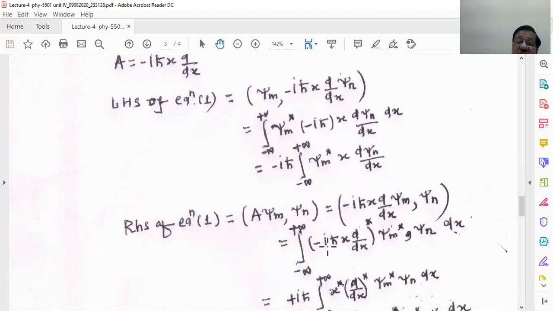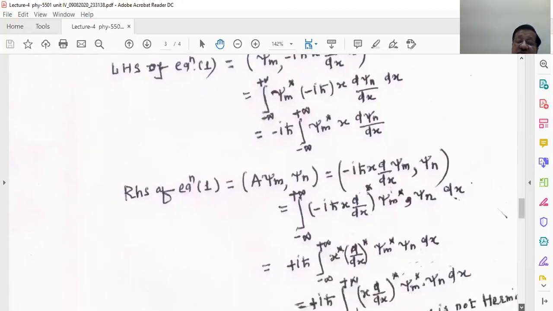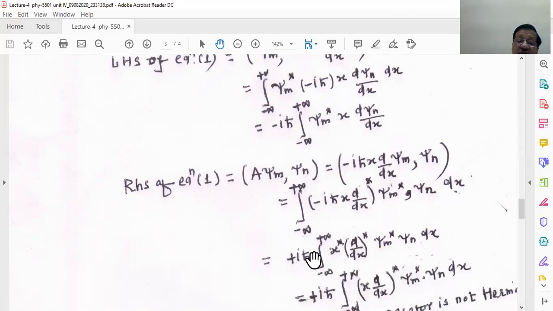Now you see this minus sign: minus i, the complex conjugate of minus i is plus i, so I have a plus iħ. That iħ I am taking outside the integration because it is constant. So inside the bracket, you have x d by dx, whole star.